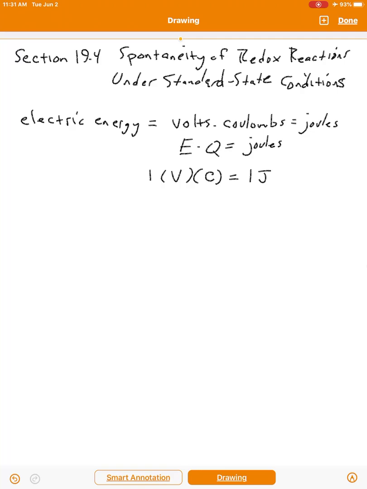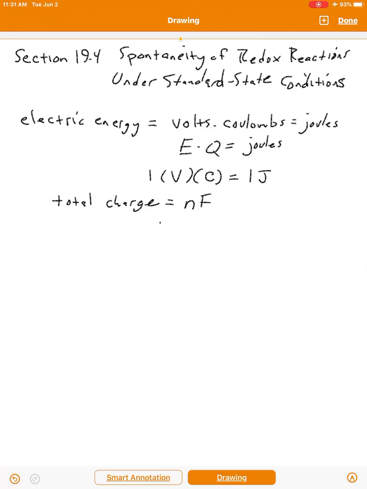All right? I'm also going to claim that if electrons are passing through an electrical circuit, so maybe you're looking at a galvanic cell like we looked at in the previous sections, the total charge that is transferred through the circuit is equal to the number of moles of electrons times something called a Faraday, or Faraday's constant.